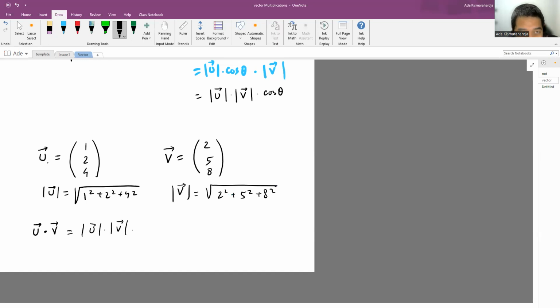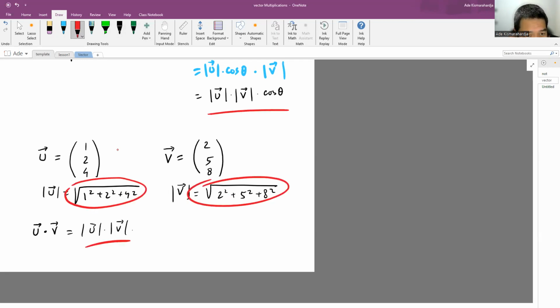But when you put these numbers into this expression, we still need the other value, which is the cosine of the angle between them. This is something that we don't have at the moment. So the question is, if you have two vectors given in their components like this, how do we multiply them in the dot product?